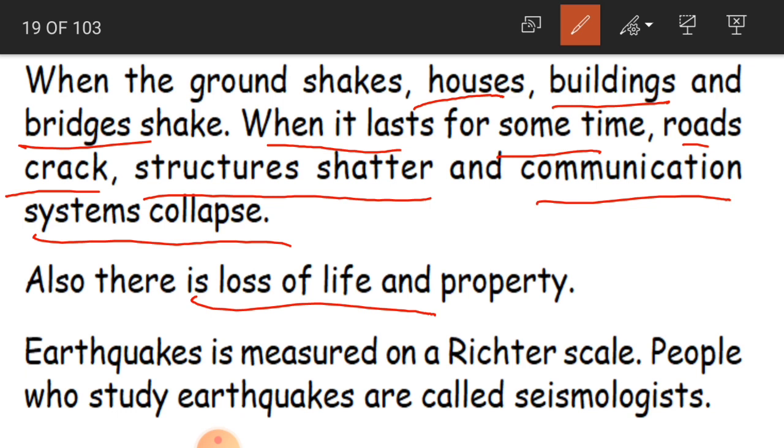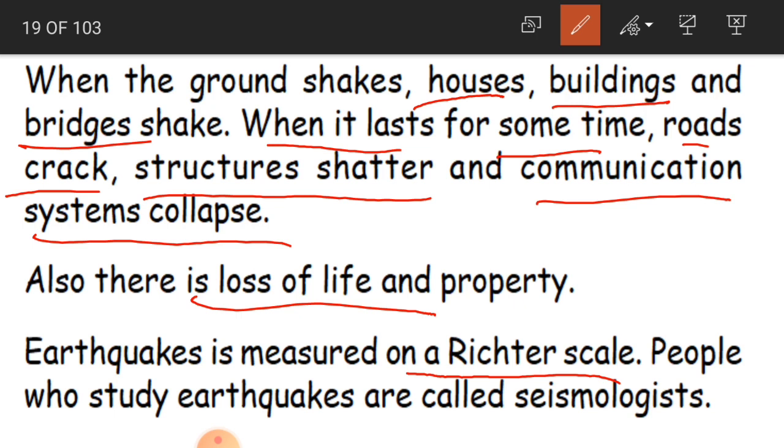Okay, and earthquakes are measured on the Richter scale. How are we going to measure this earthquake? We have to measure the frequency of the earthquake. Whenever the earthquake is happening, the scientists measure how much frequency it was before and how much frequency we have got in the earthquake now, and they keep a record.